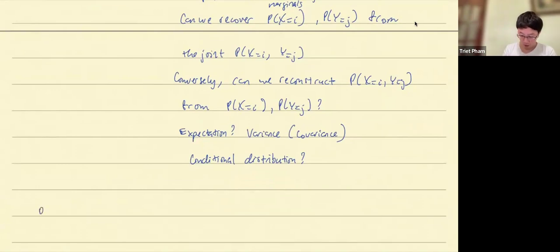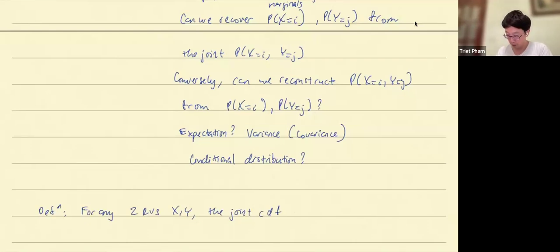Let's start with the definition here. For any two random variables x and y, the joint CDF, the joint cumulative distribution function of x and y, is defined as big F with subscript xy, at little x and little y, equal to the probability that x is less than or equal to x, and y is less than or equal to y.